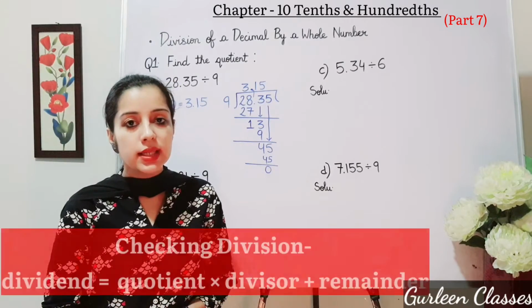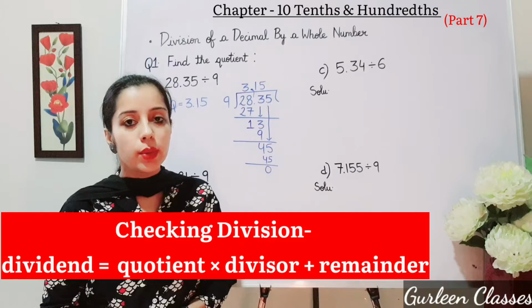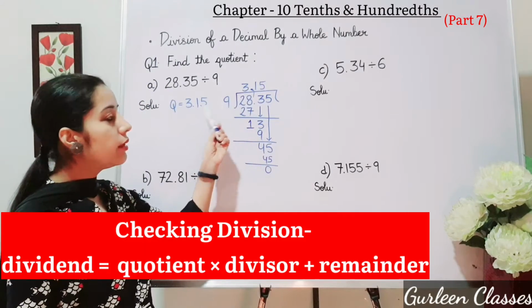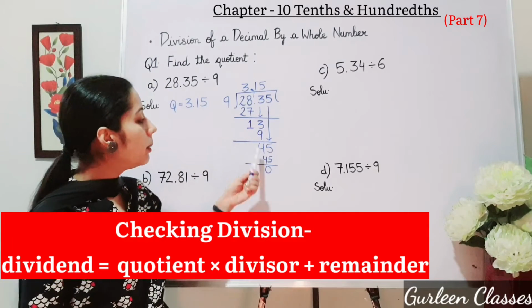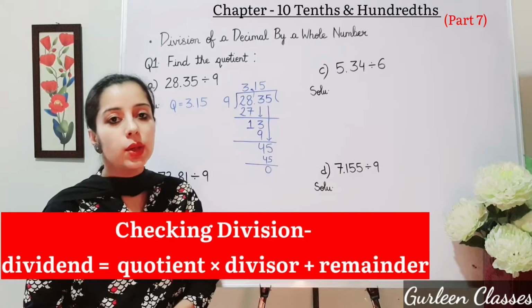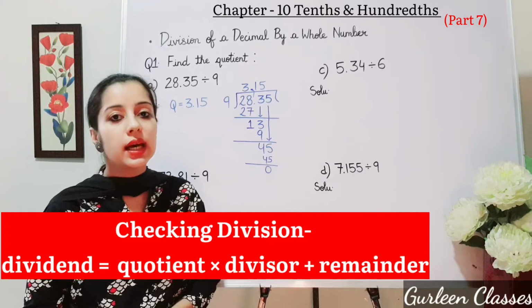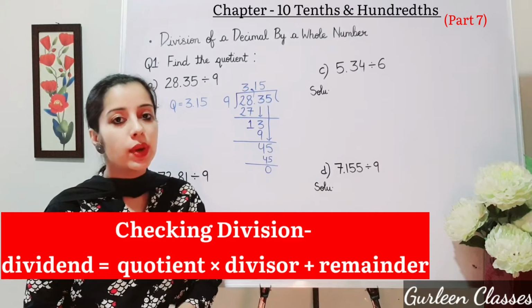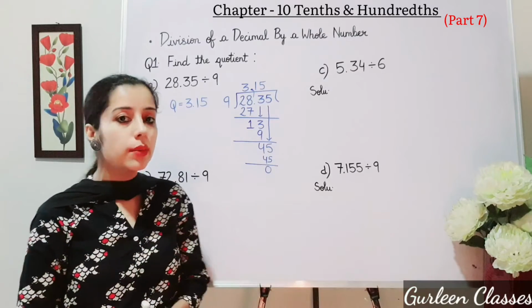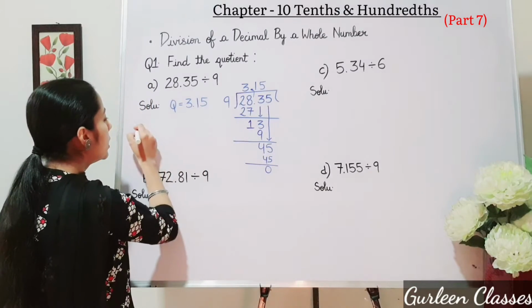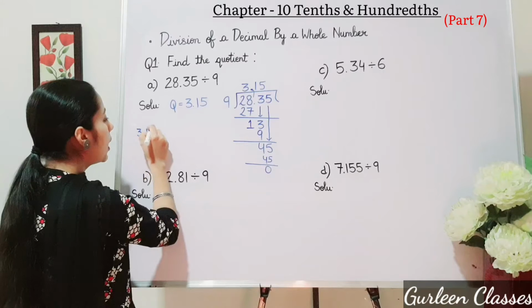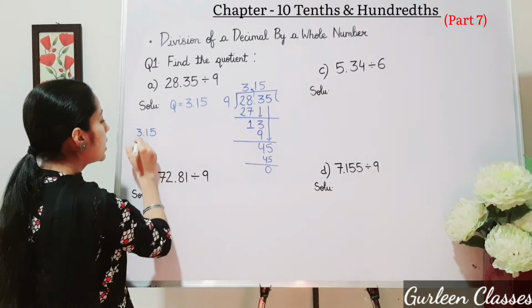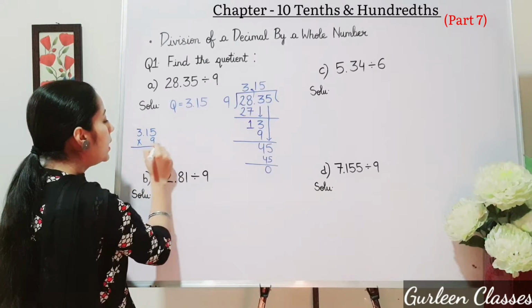Students, I hope you all know how to check the division. The formula is dividend is equal to quotient into divisor plus remainder. So let us check whether this division is correct or not. Here quotient is 3.15 and divisor is 9. So we have to multiply.